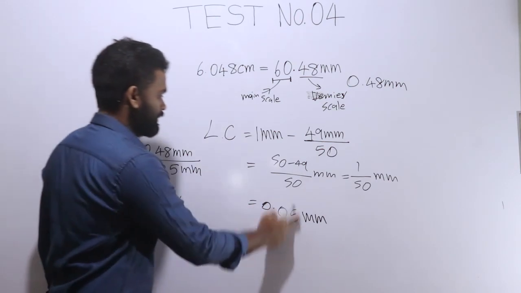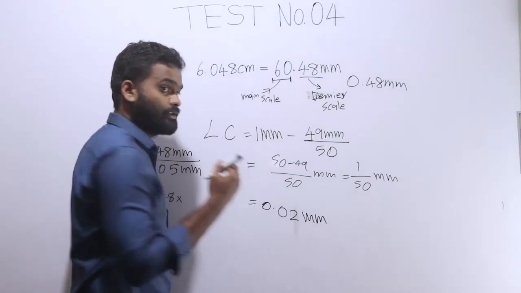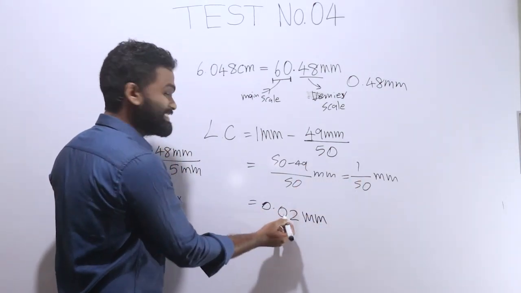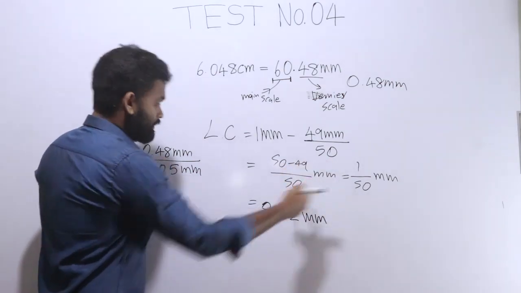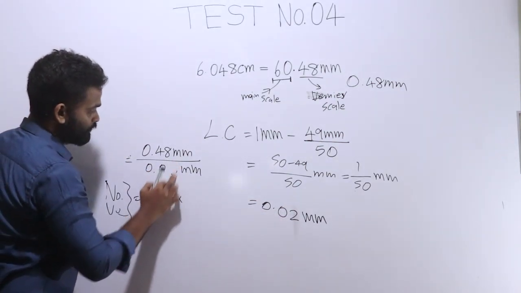Sorry, there is an error in the calculation: 1 over 5 is 0.2, and dividing by 10 again, it becomes 0.02. So the least count should be 0.02.